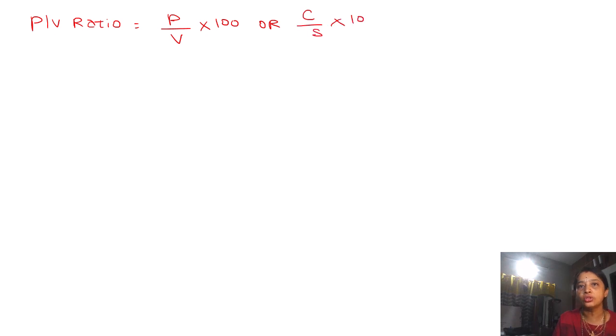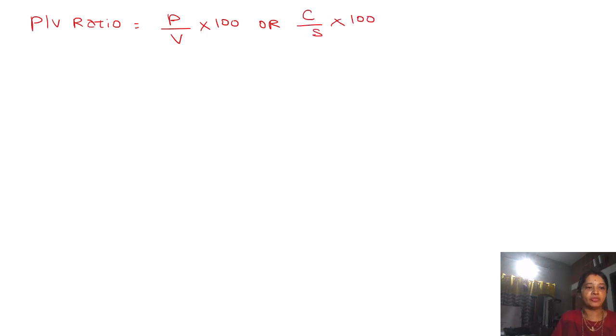So let's quickly revise the formulas. Later on you can take a screenshot of it. So the first formula we discussed was PV ratio. So PV ratio is profit volume ratio, profit divided by V into 100, or P meaning in marginal costing statement it is C divided by S into 100.